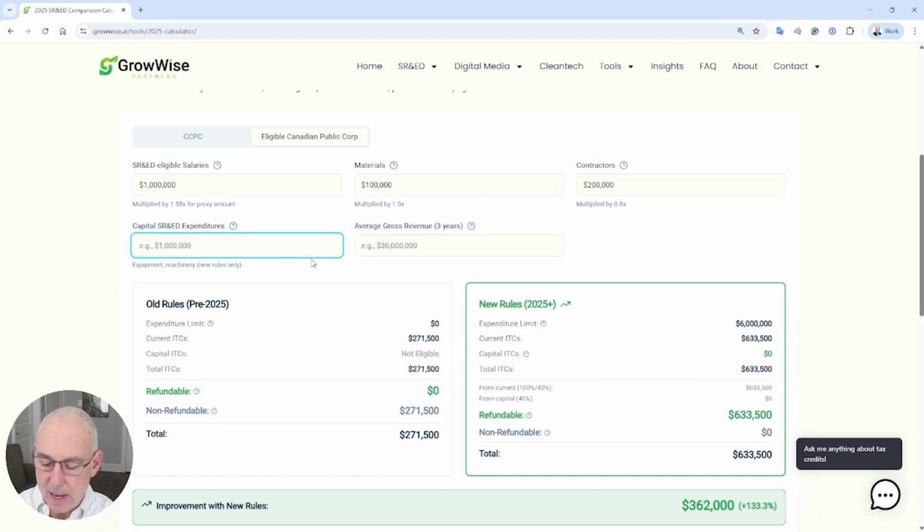Additionally, if I add capital expenditures, say $500,000 of capital expenditures, they simply didn't qualify under the old rules. But in the new rules, they do qualify. So as a result, I have almost a 200% increase in my SR&ED claim. And once again, that is all refundable now, which is absolutely fantastic for ECPCs.